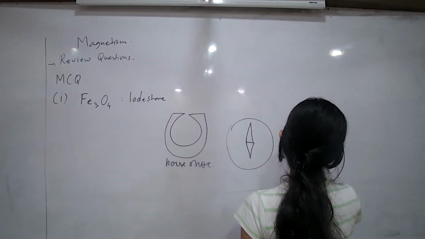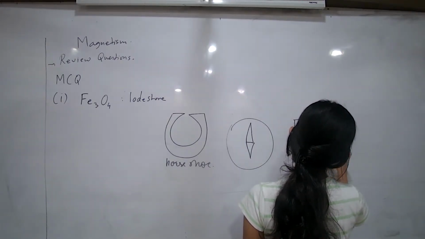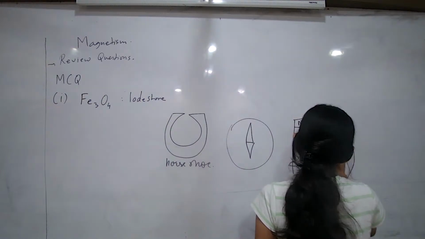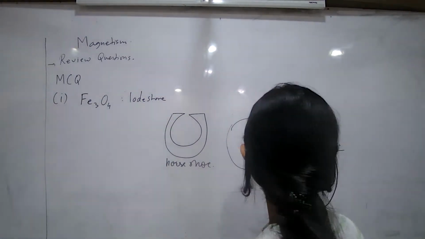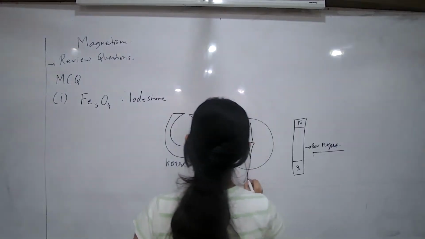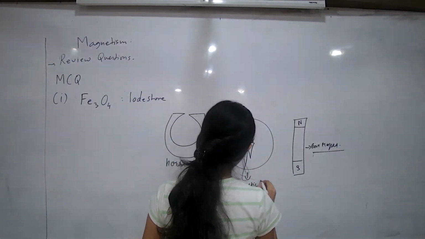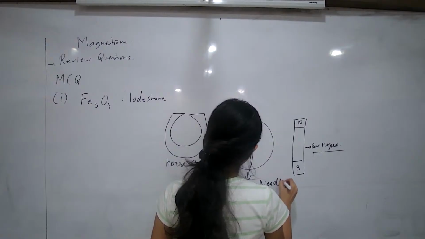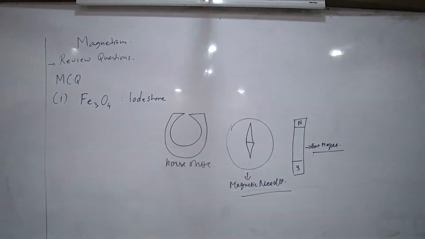I mean, it's not a comedy circus. This is the magnetic needle. So you've got 3 different types of magnets.